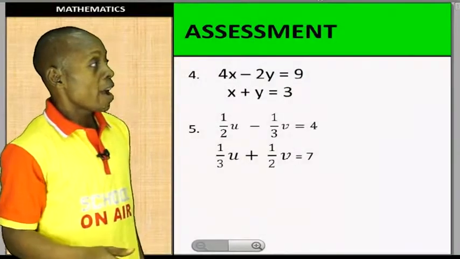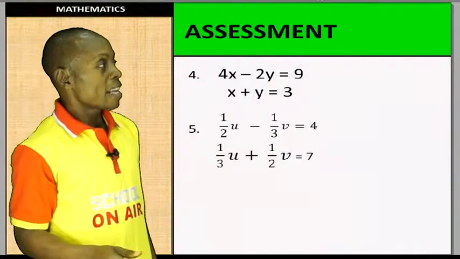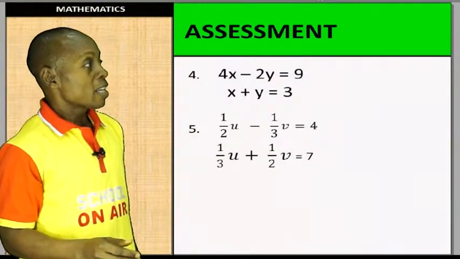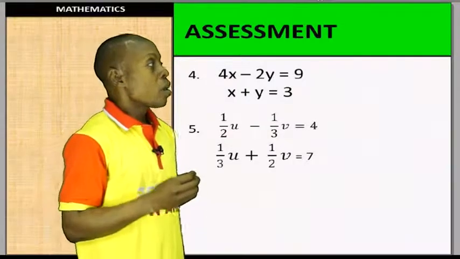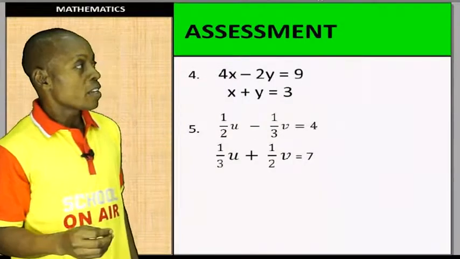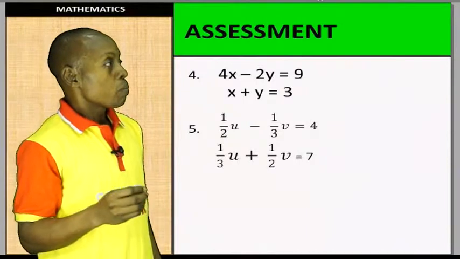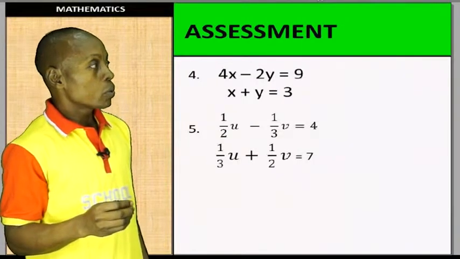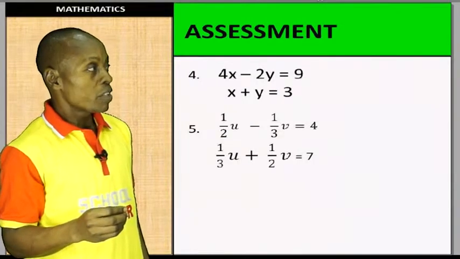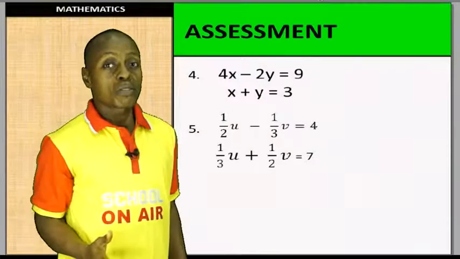Then you have 4x minus 2y equals 9, x plus y equals 3. Then lastly you have half u minus half v equals 4, and a third of u plus half v equals 7. These are the questions. Very simple questions.